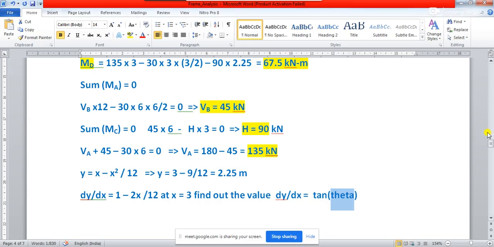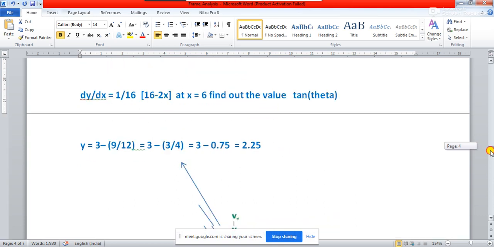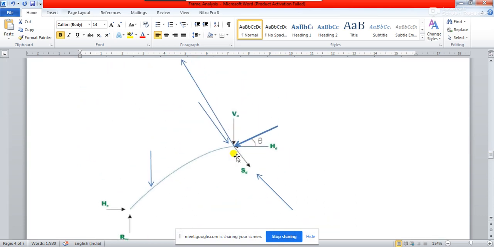Whatever I have shown you in the previous class through this diagram, many types of examples we have considered, and what I have said, if you remember, is that you do not worry about the formula for calculation of radial shear and normal thrust. Only you will have to take the correct direction from the free body and resolve the forces along the tangent and normal to the tangent direction.